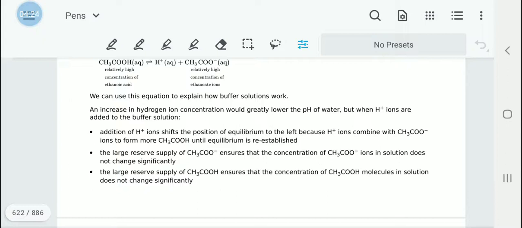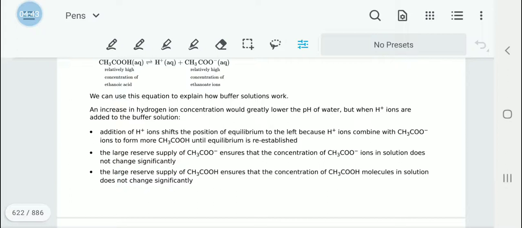Because of the large supply of CH3COO minus from both sodium ethanoate and the acid, the CH3COO minus ion concentration would not change that much.